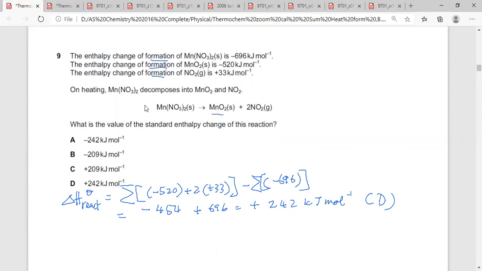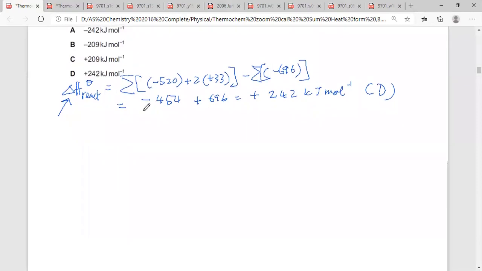Don't care. As long as they give the equation, then you do it. Same thing here: heat of reaction equals the products. So MnO2 is -520, same thing. Very simple, the answer is here. These are ionic compounds, and of course now we go to the next one.